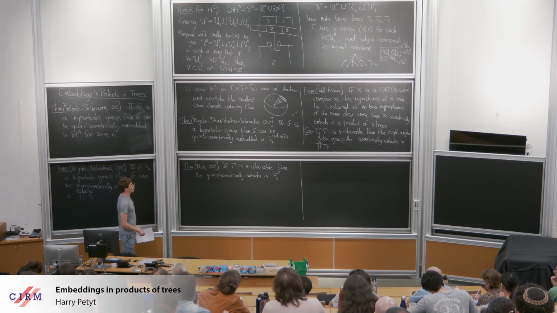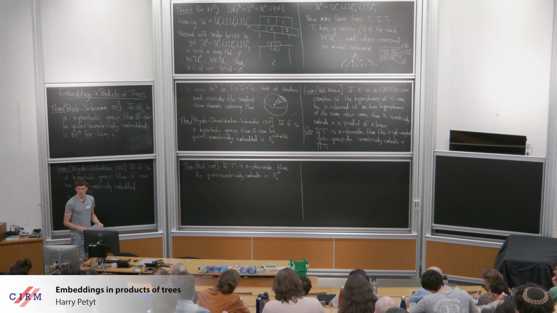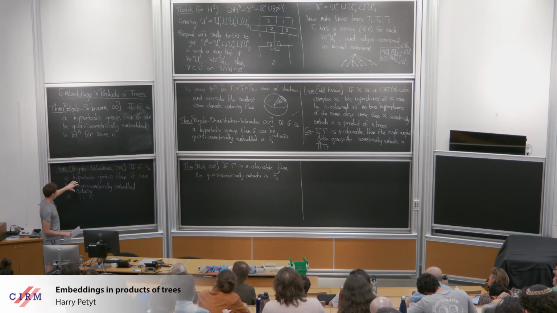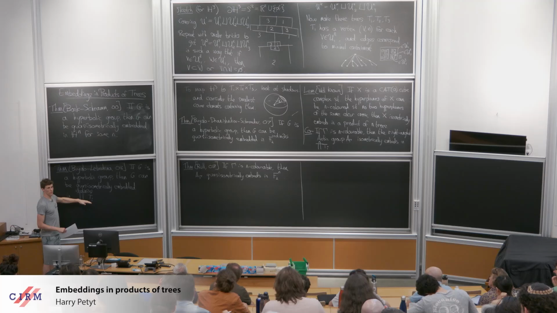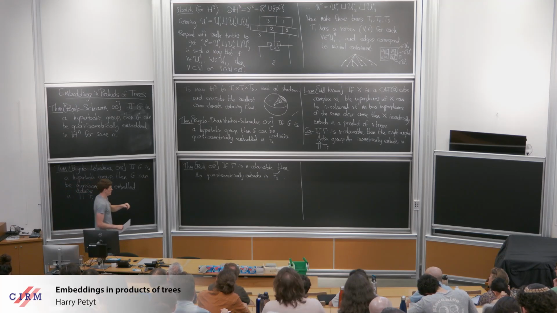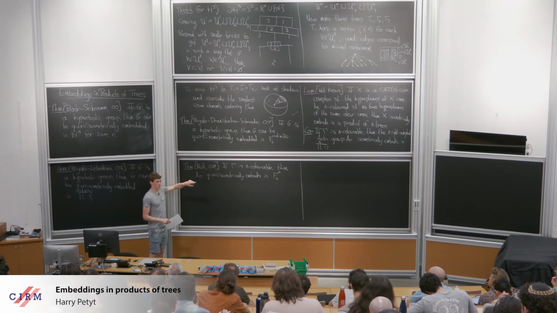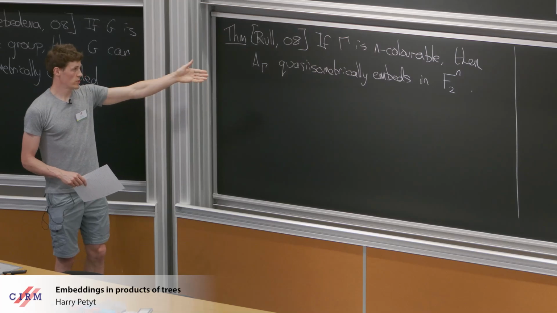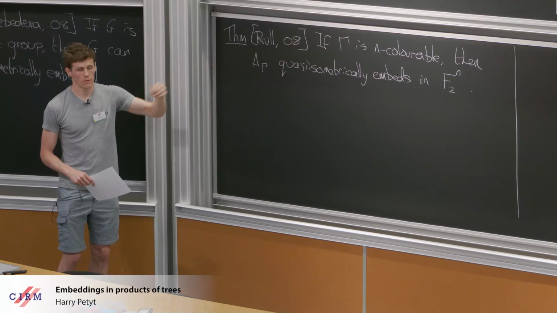But compared to what I was saying before about hyperbolic groups, there the number of trees that you needed was the dimension. Here, the dimension of the right-angled Artin group is the size of the largest clique in gamma, which in general is going to be less than the coloring number.